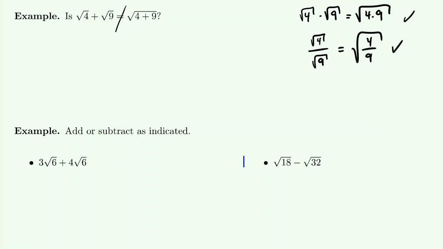These are both true. So you can imagine that the square root can distribute across multiplication and division, but it does not across addition or subtraction. And if you want to verify for yourself, you could find the decimal value here, the decimal value here, and you'd see they're definitely not equal. So do watch out and don't use this kind of expression through addition or subtraction.